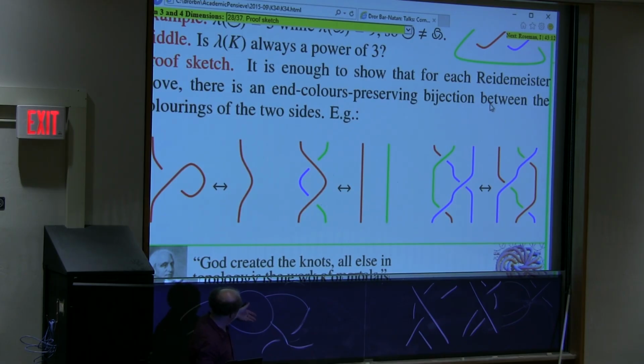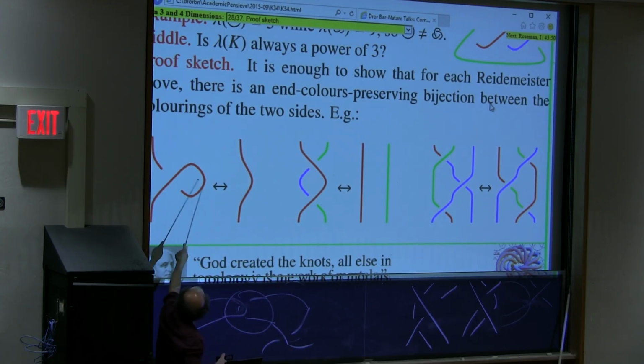So basically, if you look at the picture before the Reidemeister move and after the Reidemeister move, then the number of colorings inside is the same, before the move and after the move, even if I don't change the colors on the boundary, because the boundaries will interact with the rest of the knot and I don't want to even think of the rest of the knot. Okay, so that's what I want to do. And it's kind of easy.